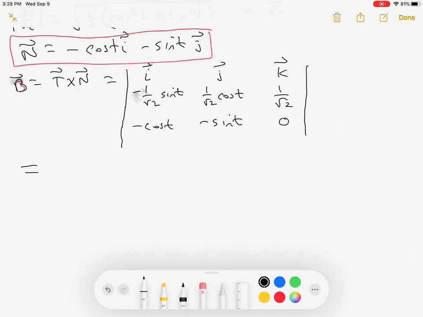So I want to expand across column 3 here because it's only 2 by 2 matrices instead of 3 by 3.